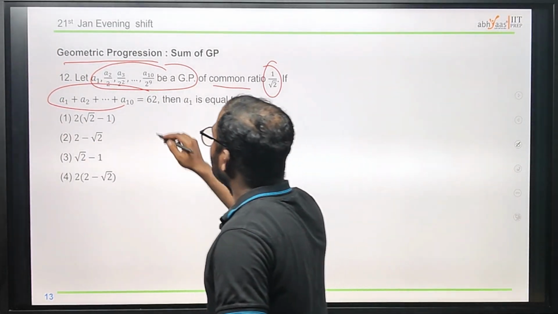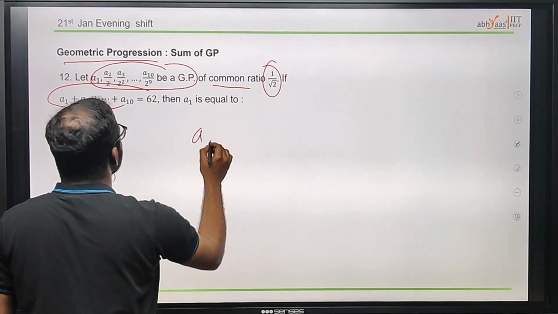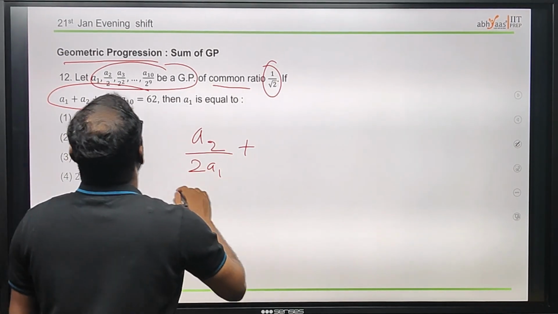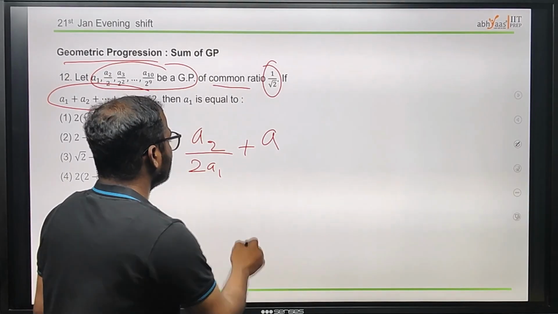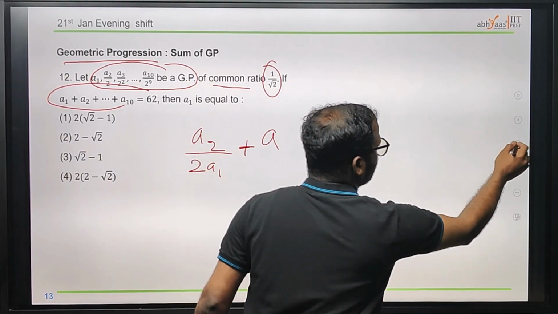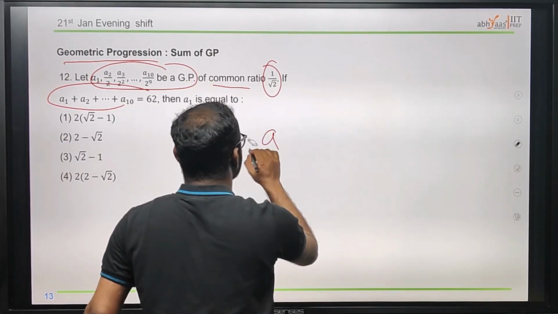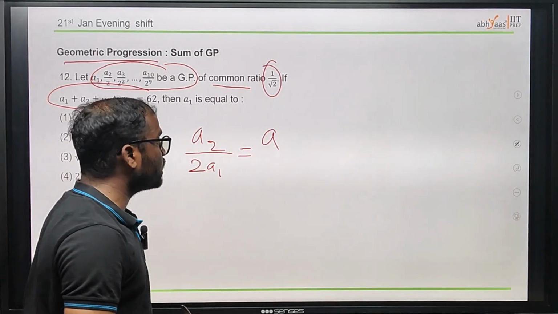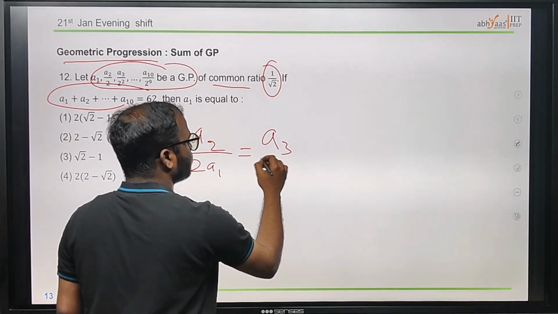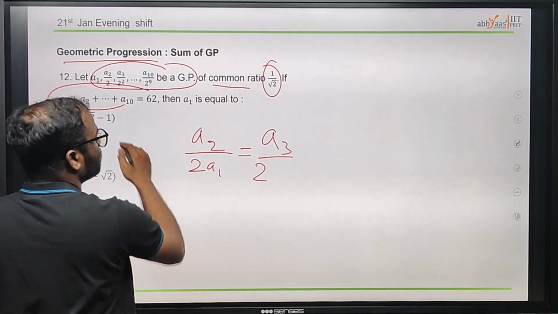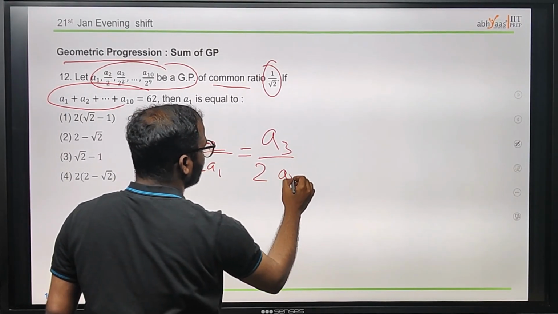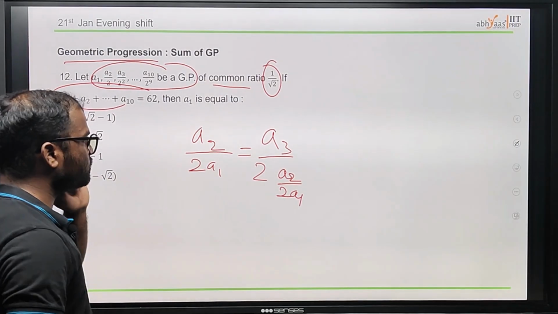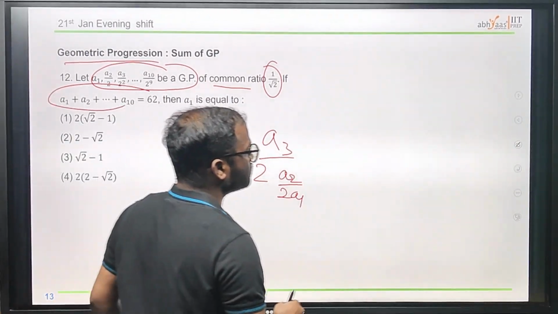In order to find that, just take A2 by 2A1, and A2 is equal to 2A1, and A3 divided by this will be A2 by 2A1. This is a similar situation.